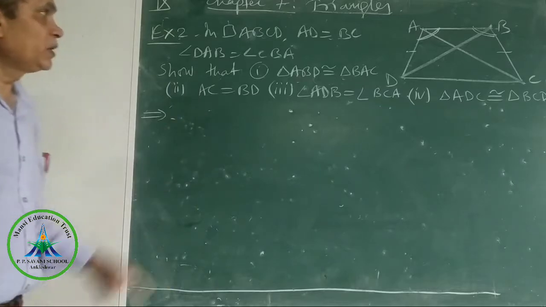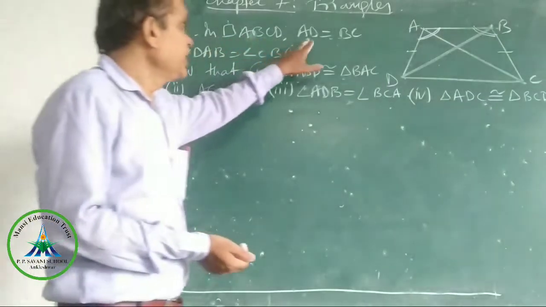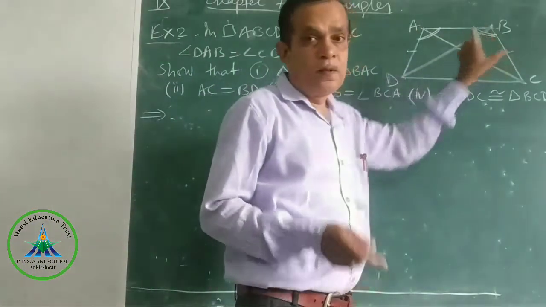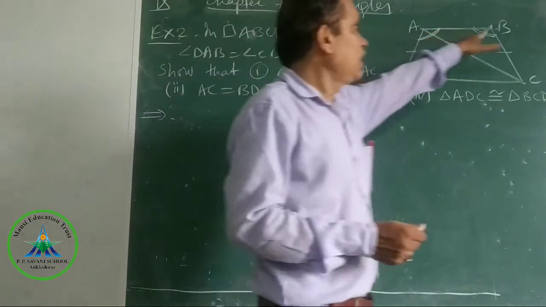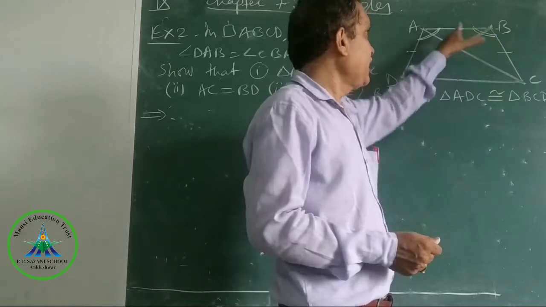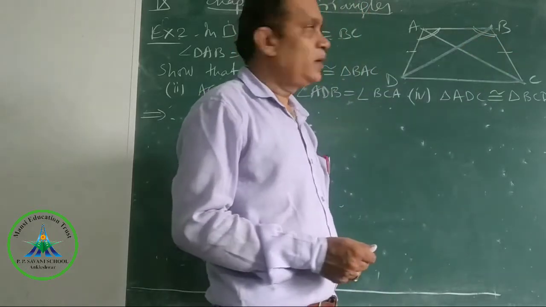Now let us see. First understand. In ABCD, AD equal to BC. Read the given thing: angle DAB is equal to angle CBA.